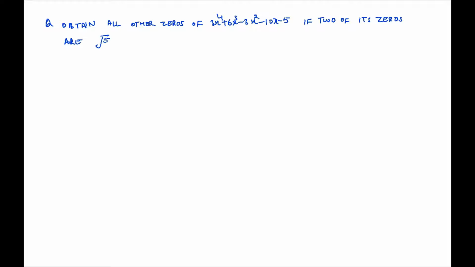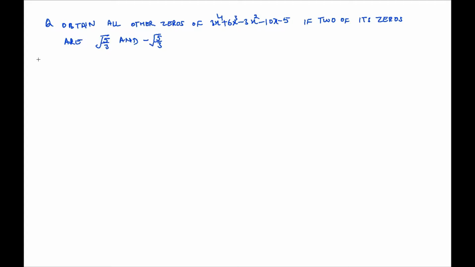Now this question is from the NCERT book. Obtain all the zeros of 3x4 plus 6x cube minus 2x square minus 10x minus 5 if two of its zeros are root 5 by 3 and minus root 5 by 3. In 9th class, in the factor theorem, I have explained if a is a zero of a polynomial, then x minus a is a factor of that polynomial.